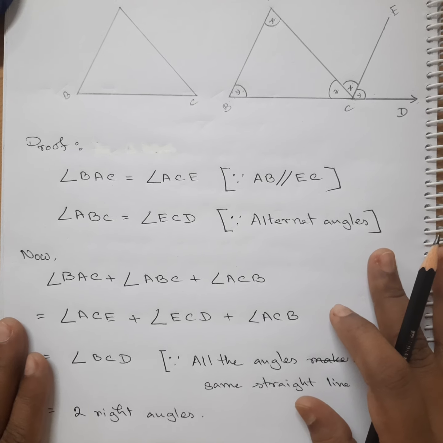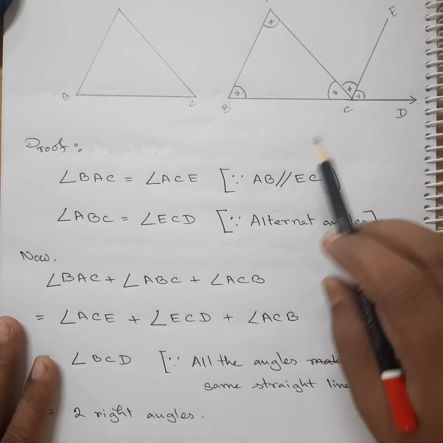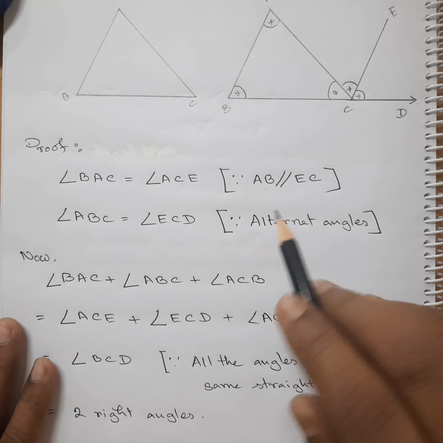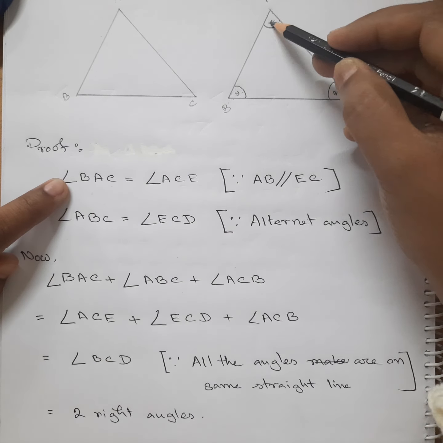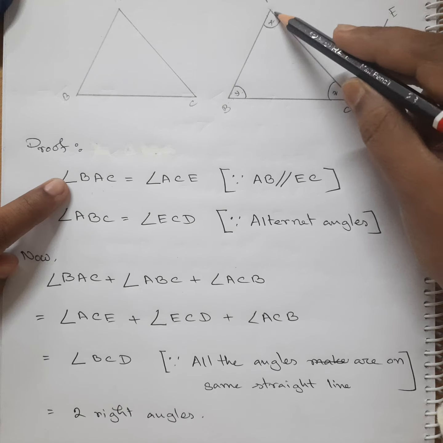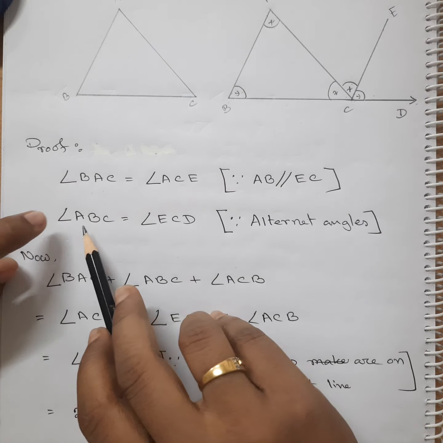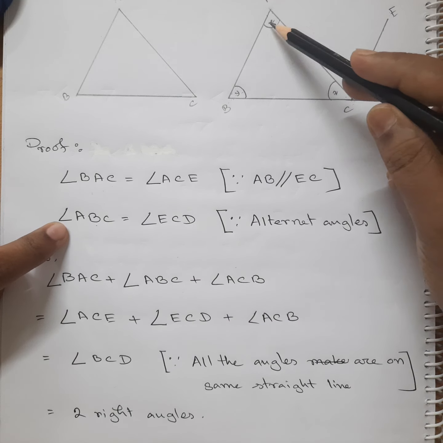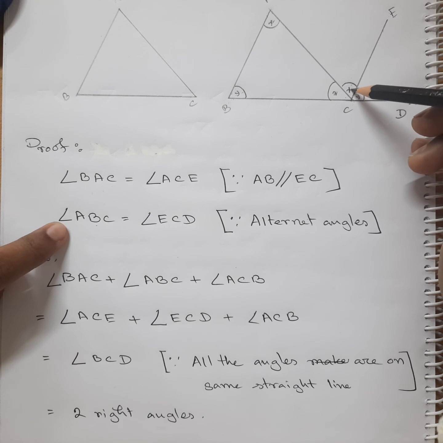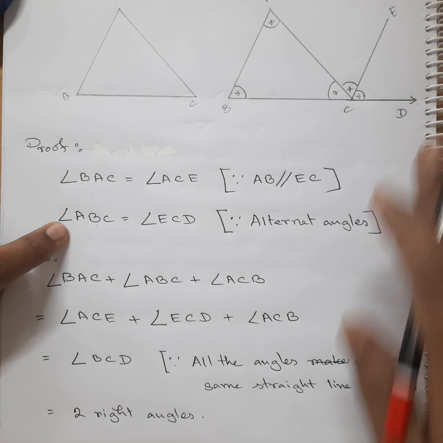I hope that you remember class 6 very well, otherwise you need to go and check the book. So you can see that I have changed angle A with that angle ACE, and that angle is equal to that angle, and angle B is equal to that one as alternate angles.